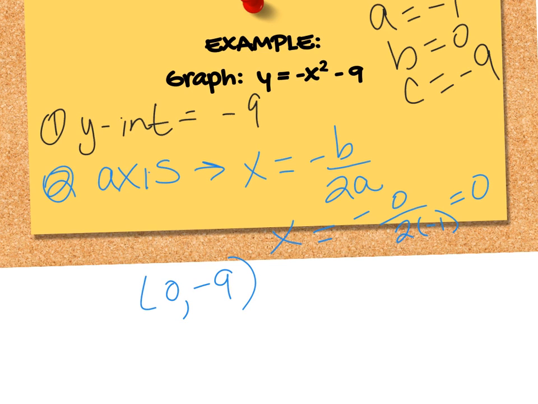So in this case, this is what I was talking about, and I'm glad I remembered to include you an example. The vertex is the y-intercept, so they're not 2 different points. And remember, we needed 3 points. So let's go graph paper in here, and we will plot that one. Okay, let me bring it closer, and it was 0, negative 9.